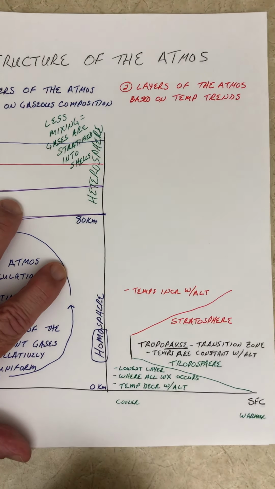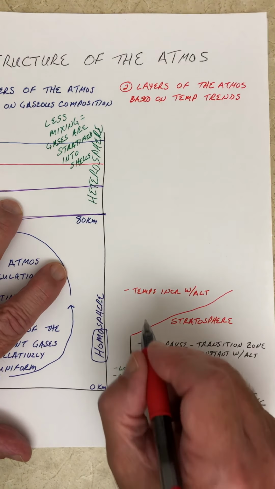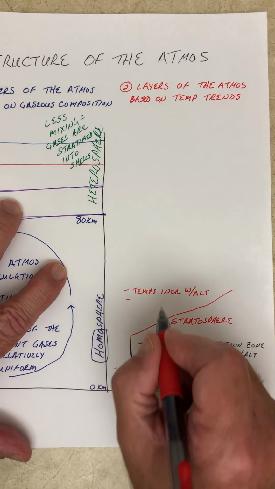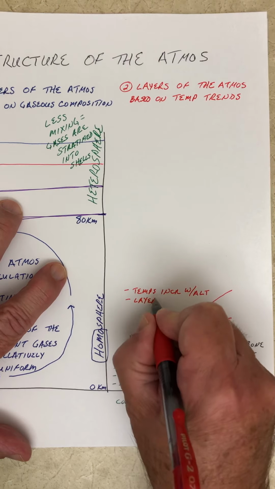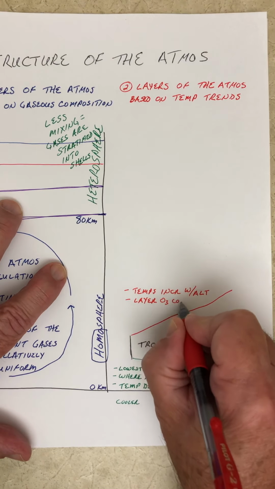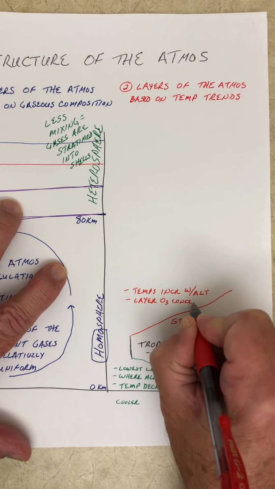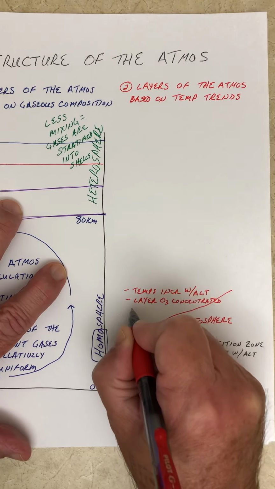Okay. And there's a good reason for that, and we talked about it a little bit earlier in this chapter. That's because remember that you've got this layer of ozone. Ozone is O3, that is concentrated in the stratosphere.